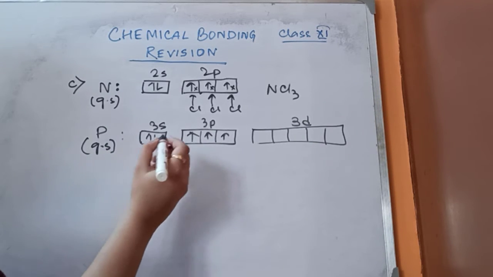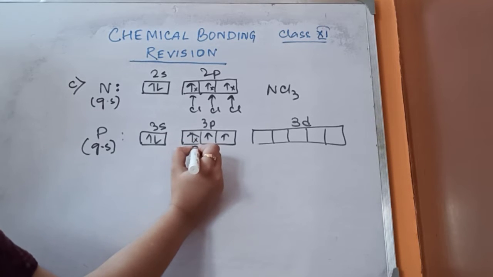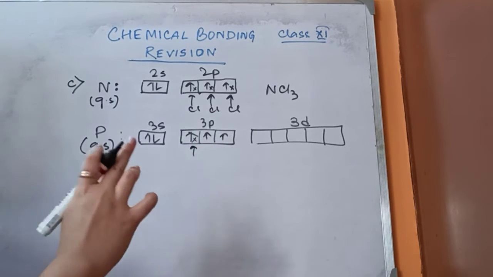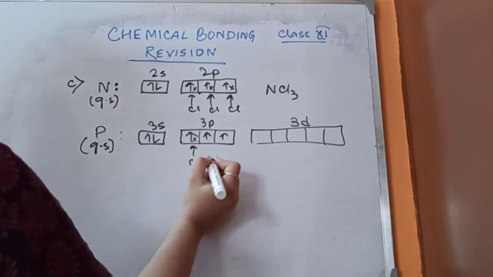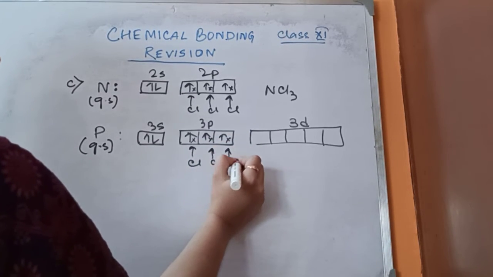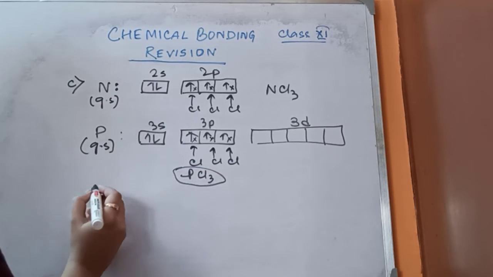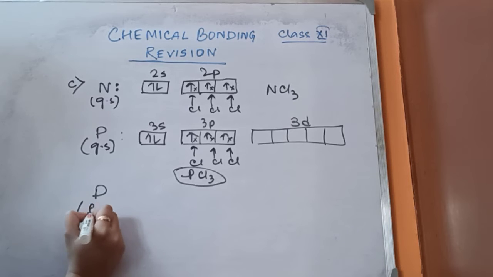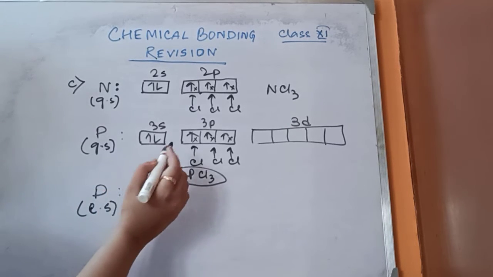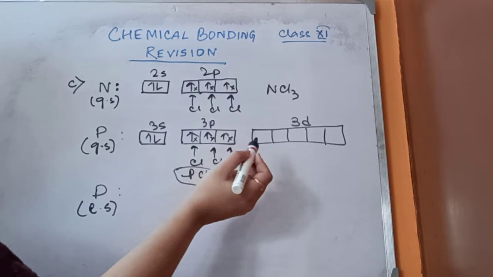So here phosphorus has 3 unpaired electrons, so the valency of phosphorus is 3. So it can form PCl3. And phosphorus in excited state, 1 electron from 3s will get promoted to the 3d on absorbing energy.